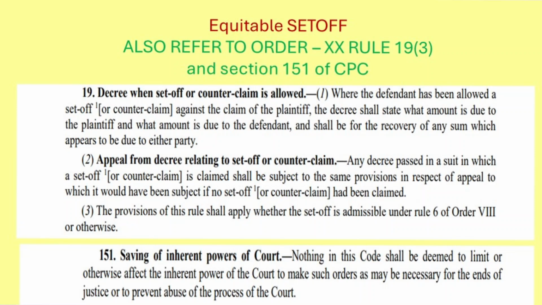So this Section 151 read with Order 20, Rule 19, Sub-Rule 3, the court will basically decide on the quantum of the set-off, where the amount of set-off is not ascertained, and therefore it is treated as equitable set-off. Hope this is of some help to you in understanding the difference between counterclaim and set-off, and within set-off, in what situations it may be treated as equitable set-off.